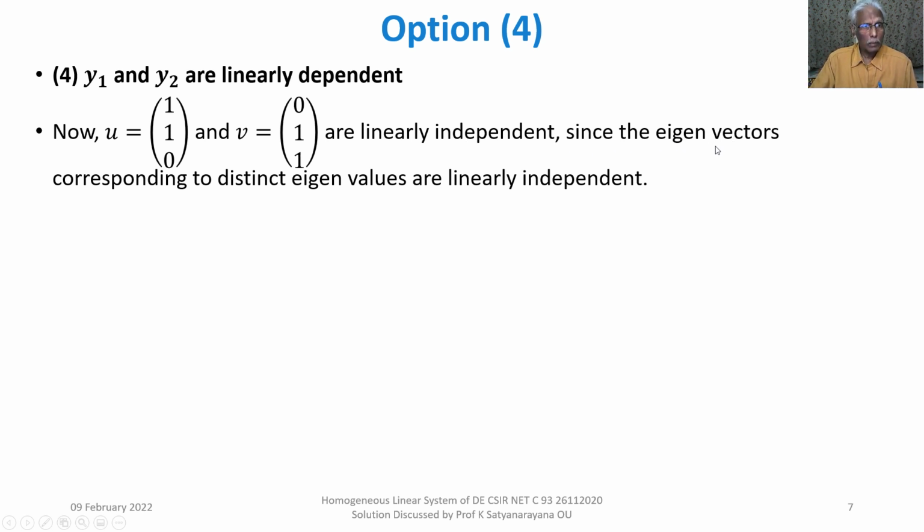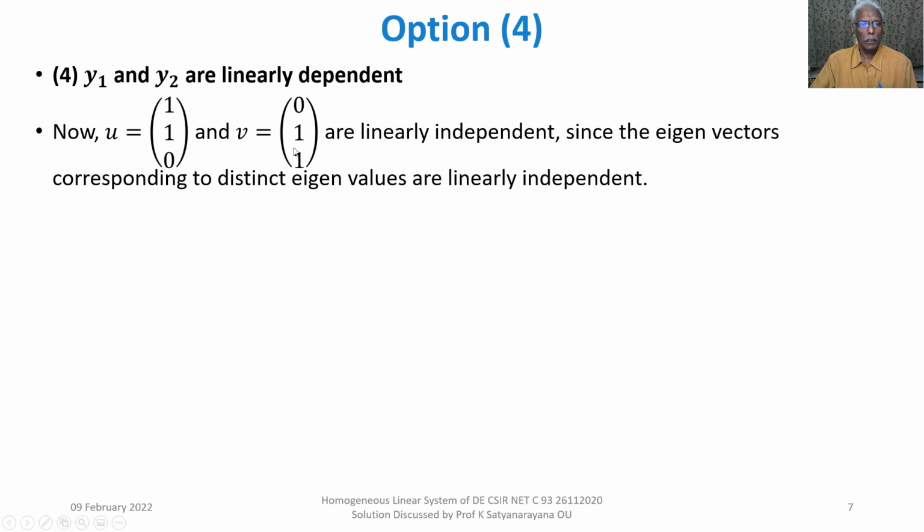Because they are the eigenvectors corresponding to distinct eigenvalues of A. The theorem is that eigenvectors corresponding to distinct eigenvalues of a matrix are linearly independent.